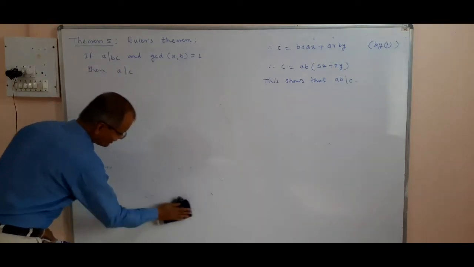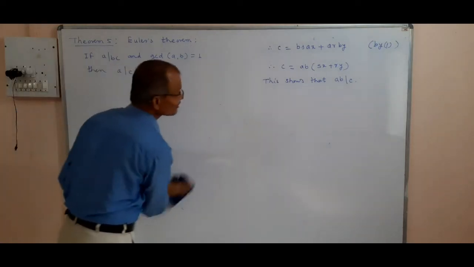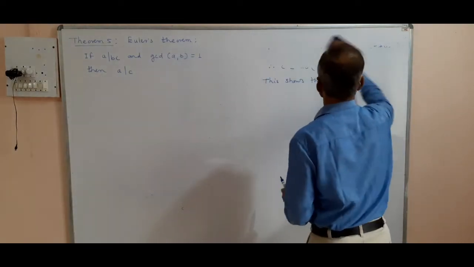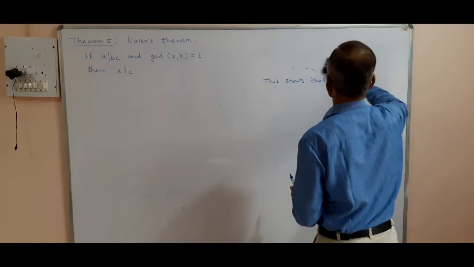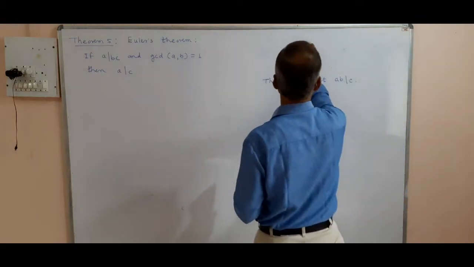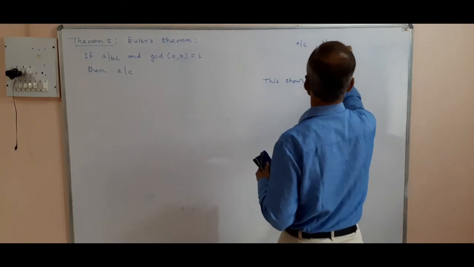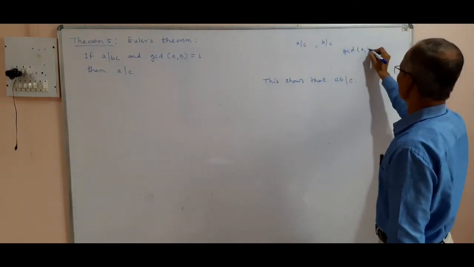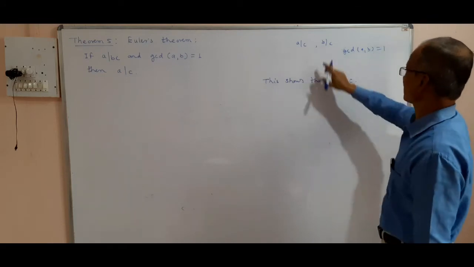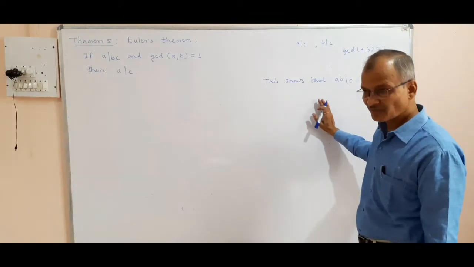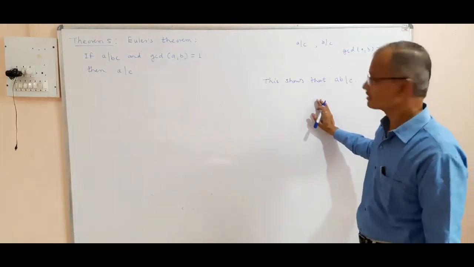We shall consider first the earlier corollary we have proved, this one. A divides C and B divides C, and we have GCD of AB is equal to 1, relatively prime. Then AB divides C. Example of this, you can consider an example to understand the result.